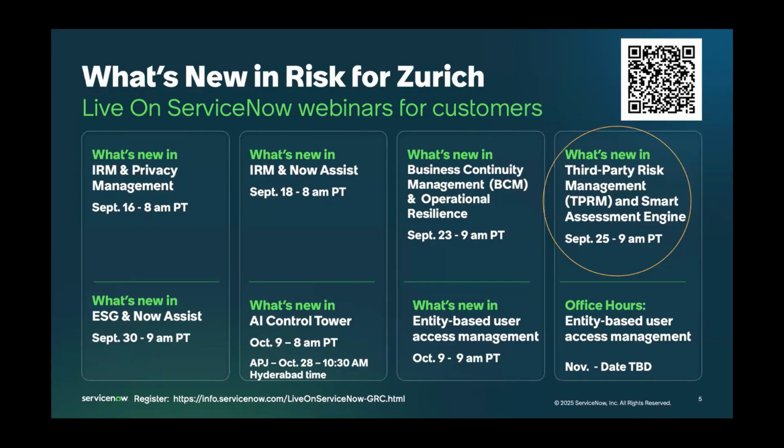We also will be hosting some office hours. So lots of opportunities to interact with the product team, ask your questions, get them answered, and of course catch all of those recordings. I do recommend scanning this QR code up in the corner so you can sign up and make sure to get them added into your calendar.